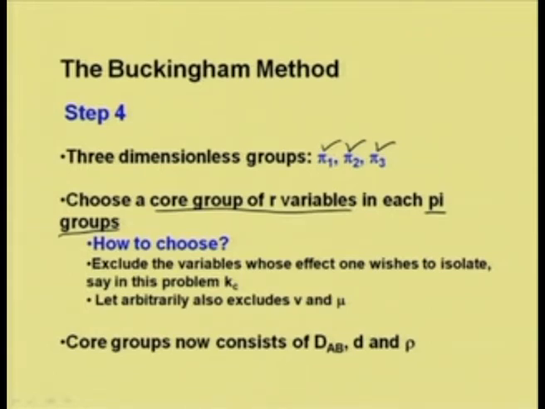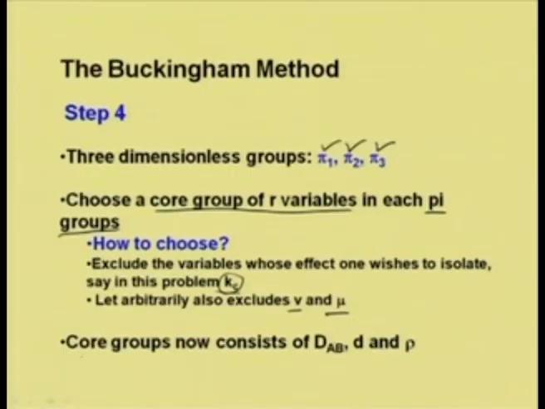One way to choose these core groups is to exclude the effect of particular variables which we want to isolate. Say in this problem we want to isolate the mass transfer coefficient Kc, and also let us arbitrarily exclude other variables, velocity and mu. Velocity and viscosity of the fluid we can exclude as the variables which will not be included in the core group. So, the core group now consists of diffusivity, diameter and the density of the fluid.